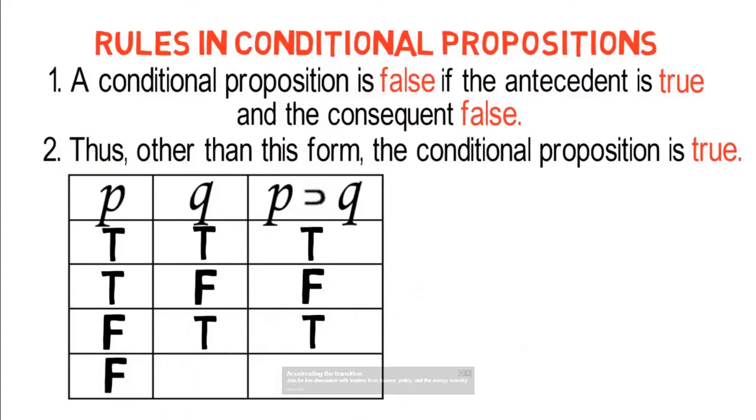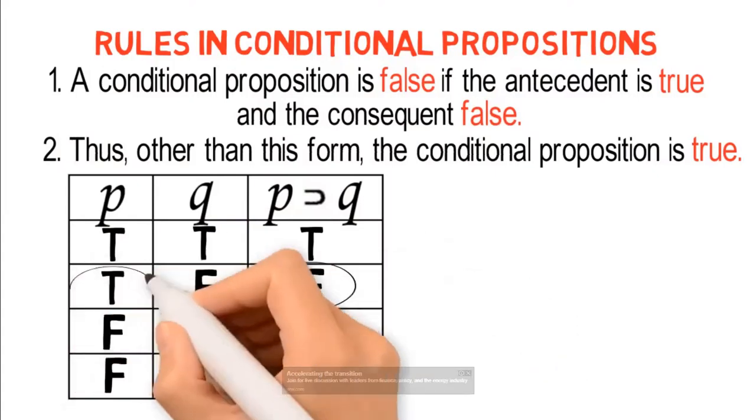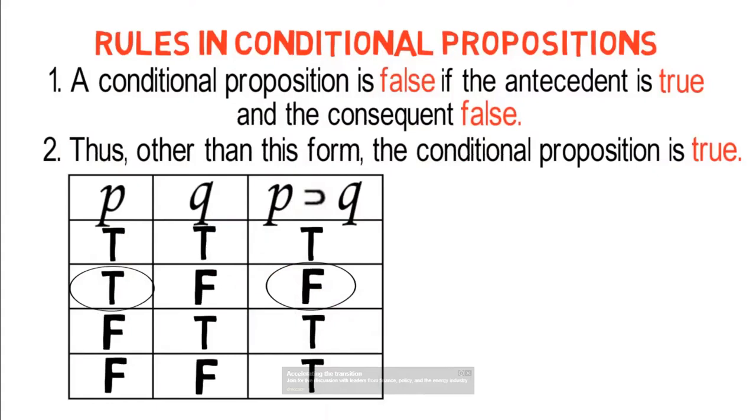And if P is false and Q is false, then P then Q is true. As we can see, the rules in conditional propositions say that the only instance wherein the conditional proposition becomes false is when the antecedent is true and the consequent is false.